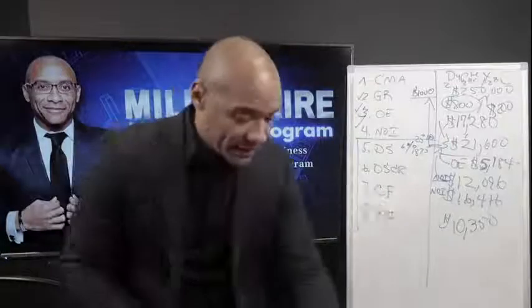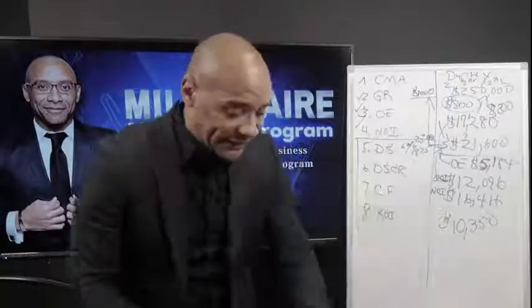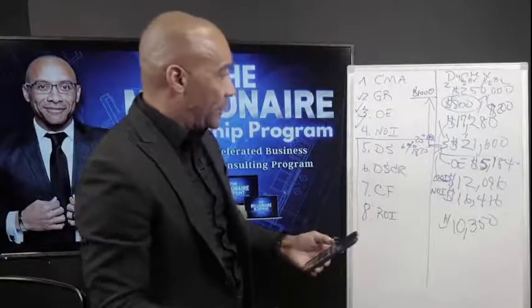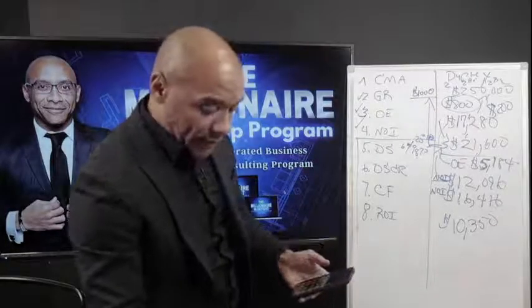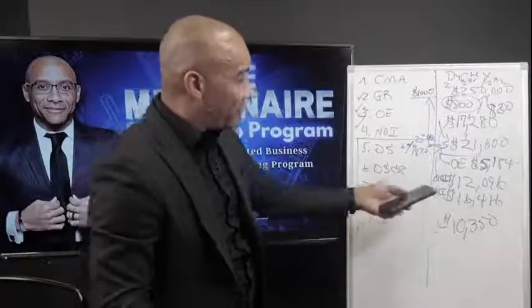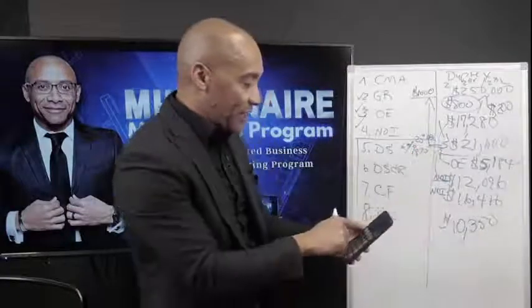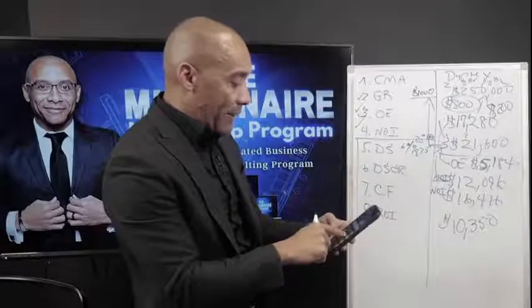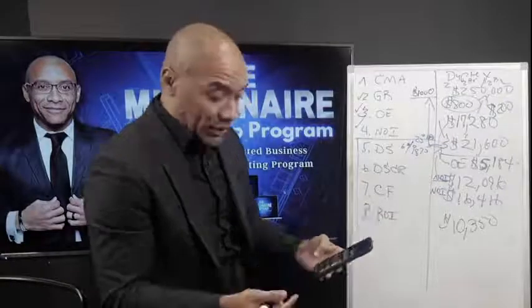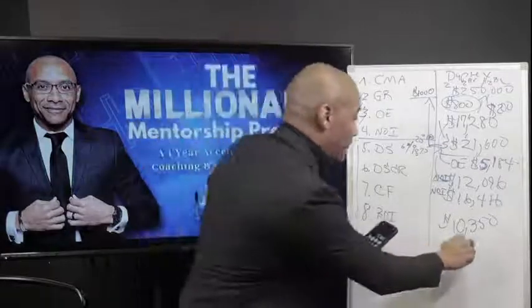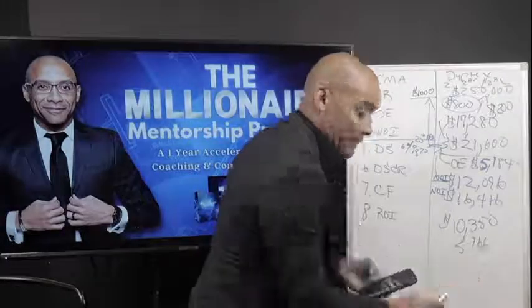actually, I messed that one up because my NOI was really 16. So let me go back and do that. I was wrong with that one. My debt service is 11,250, so it wouldn't be off of the 21. It will actually be off of the 16. So that's my bad. I told y'all when you're on here doing math, you're going to make mistakes. So that will actually be 5,166.